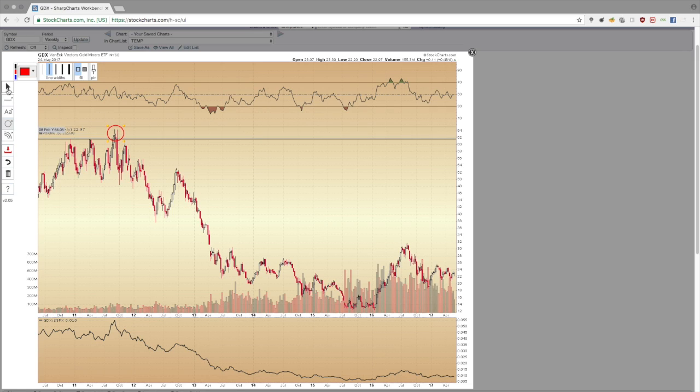Now, if you go back to the video from 1 week ago, we were talking about the US dollar. And this is a big part of the lesson that I have drawn for the US dollar. This example in the gold mining sector, this false breakout that formed here in 2011 was the signal that a major reversal was starting that was going to last for the next 5 years. I digress. That's not what I wanted to focus on right now.